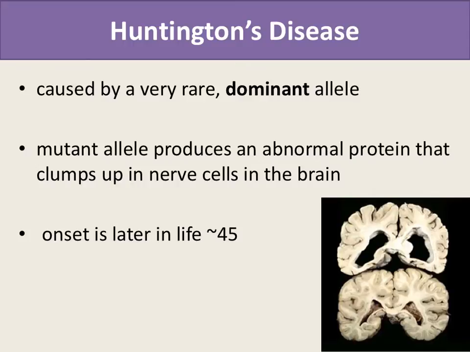However, it doesn't really show up until the person is around 45 years old. If it showed up when the person was 10 years old, selection would wipe it out, right? Because before the person bred, they would be dead.